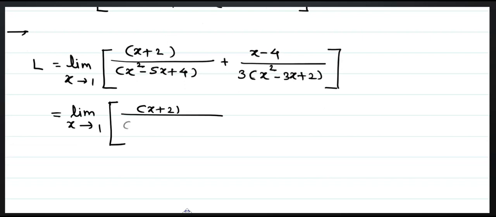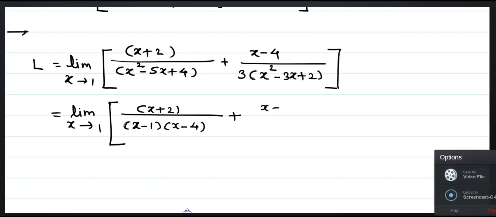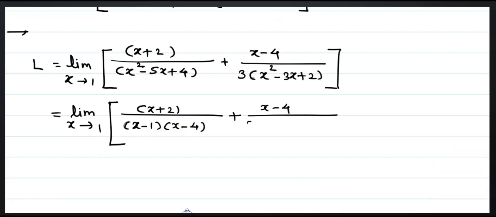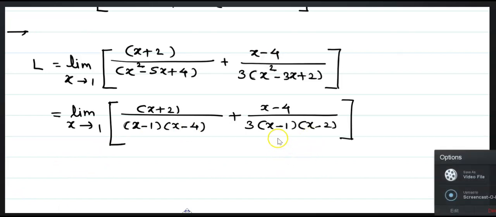Now the factors we can write directly. That is x minus 1 and x minus 4. These are the factors. For the second, see this here, 3 into in bracket x minus 1 into x minus 2. Now we'll find out the LCM of x minus 1 into x minus 4 and 3 into x minus 1 into x minus 2.